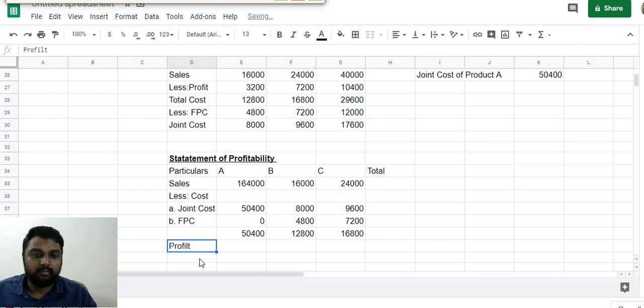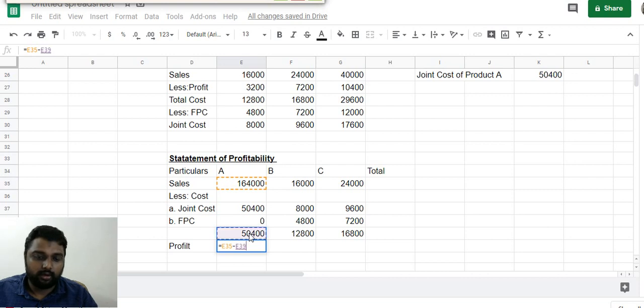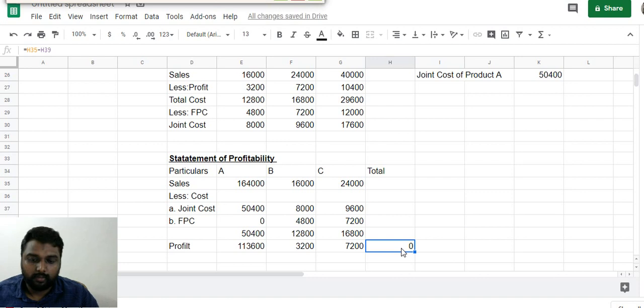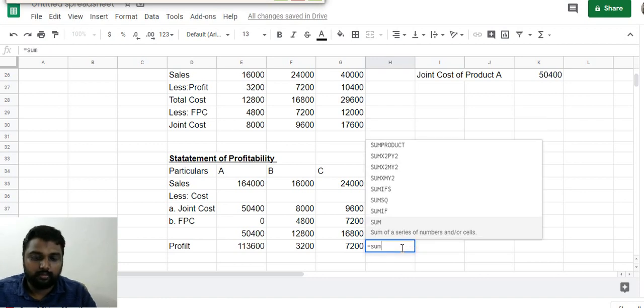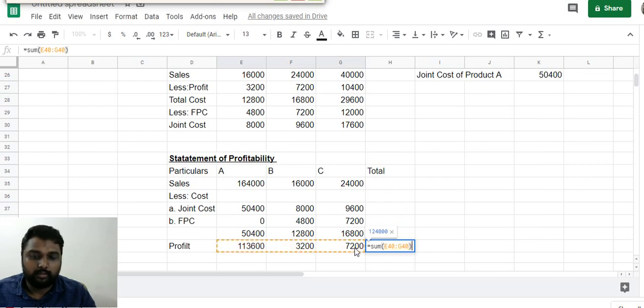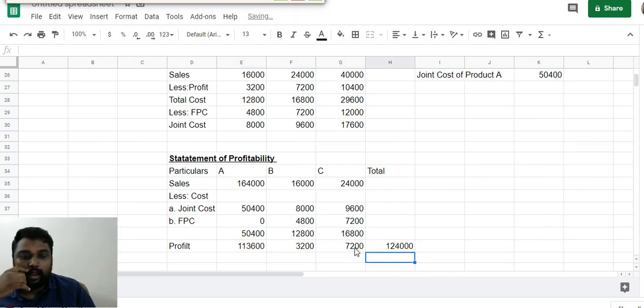Profit is nothing but sales minus cost, which will be 1,13,300. Like that, it will go on. Here it will be the sum total of all. We can do the other column also, total, sum total of all. Lakh and 24. Please copy fast.